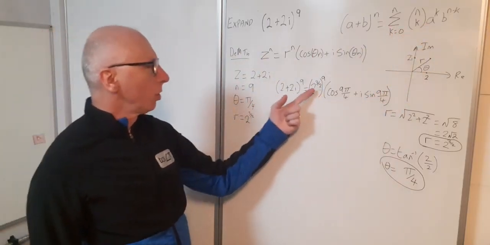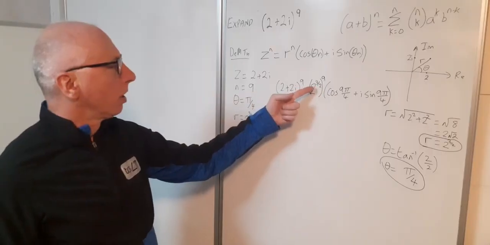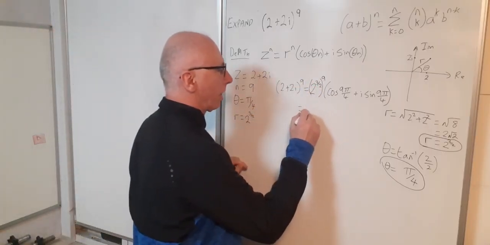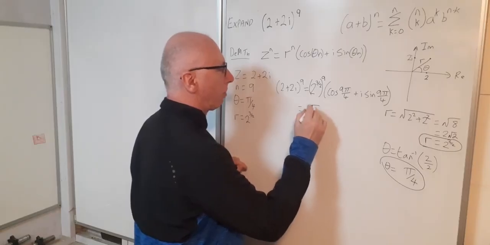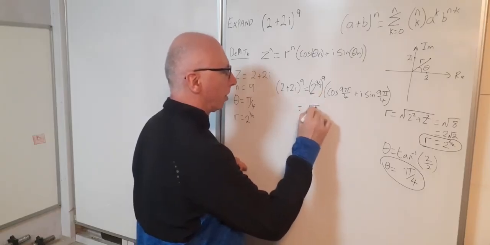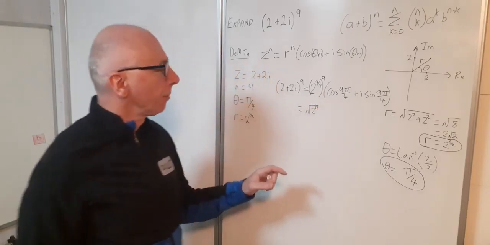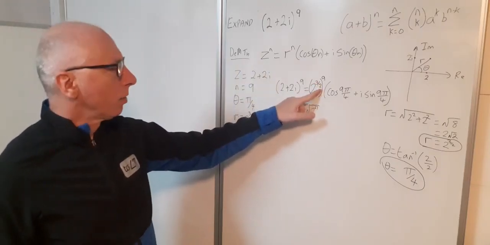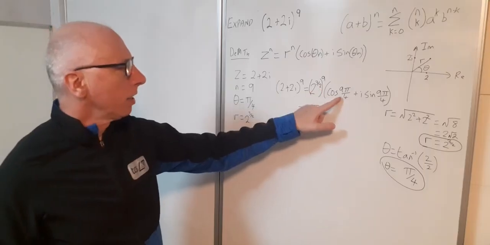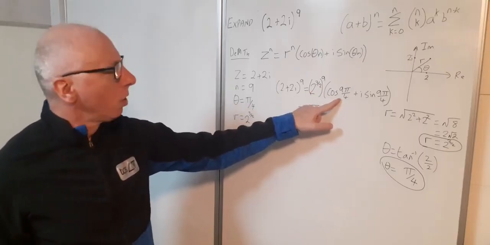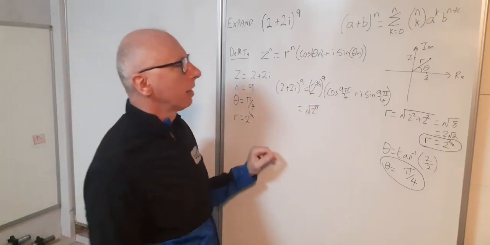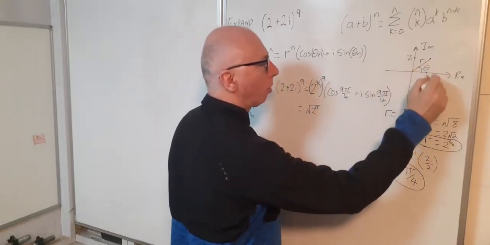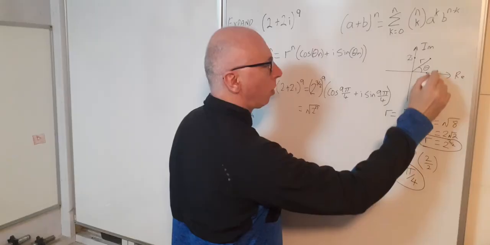So now, 2 to the 3 over 2 to the power of 9. That's the square root of 2 to the 27 basically. So if I write 2 to the 27, that will be that. 3 9s are 27, and then I've got the square root inside there. And then cosine of 9 pi over 4. Well, we could simplify that, because if I did 9 pi over 4, I would come back round one rotation and one more rotation.